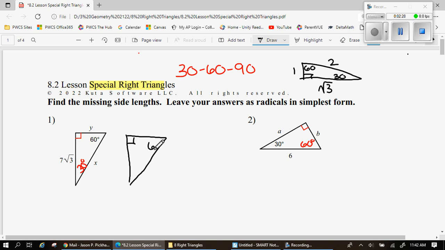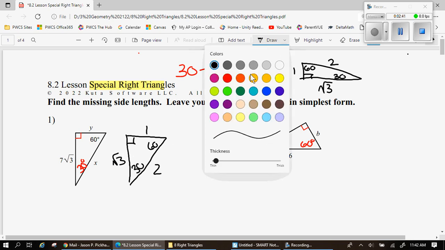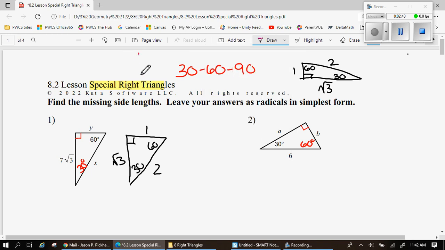There's my 60, there's my 30. And I'm going to label it using these three values: the hypotenuse is 2, the side across from 30 is 1, and the side across from 60 is root 3. So these two should be similar right triangles. One of them is going to be smaller than the other, but they're similar because they have all the same angles, so we can write proportions.